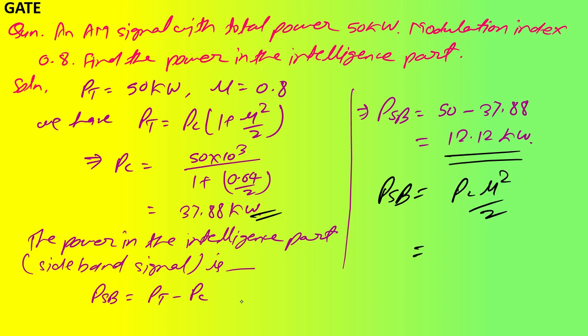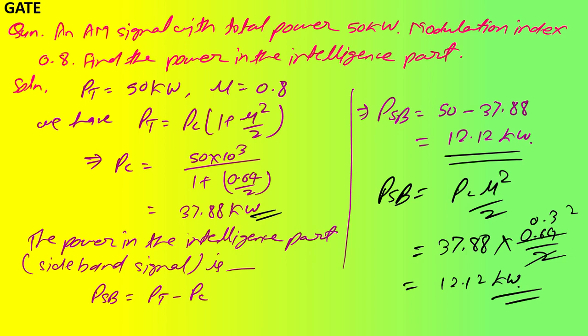Pc was already found, 37.88, multiplied by mu square, that is 0.8 square is 0.64, divided by 2, so 37.88 multiplied by 0.32. This is going to give you 12.1216 kilowatt. Understood? So this is the way you can find it very easily. Alright, let's move to the next question.